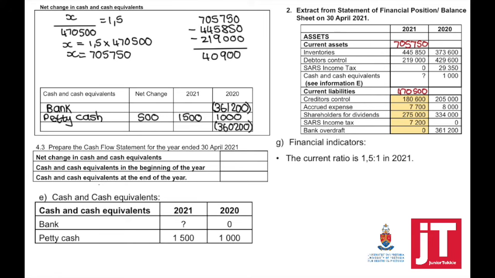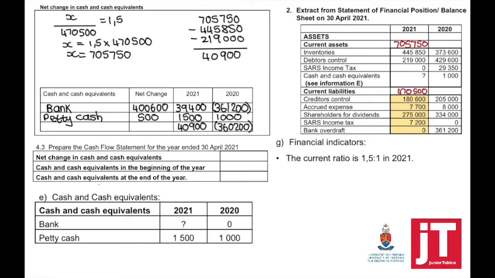So to find the cash and cash equivalents at the end of 2020, we take minus plus. We've calculated the cash and cash equivalents by using the financial indicator for the end of 2021. To find bank, we now need to work our way up. 40,900 minus 1,500. Now we can calculate the net change.